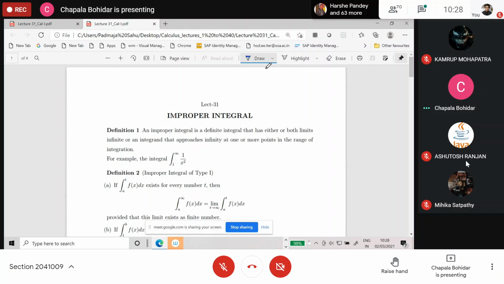Improper integral definition. An improper integral is a definite integral that has either or both limits infinite, or an integrand that approaches infinity at one or more points in the range of integration.